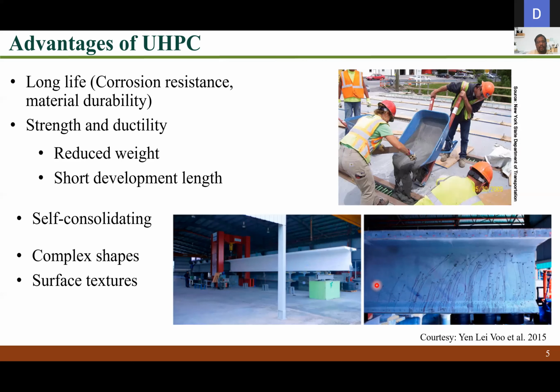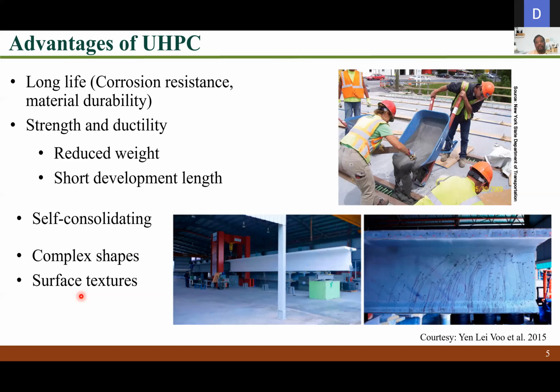And because of the self-consolidating nature, I can also make very complex shapes. For architectural purposes, facade panels and all can be made with very light, thin elements, and we can also create different surface structures. So these are some of the advantages of ultra high performance concrete.